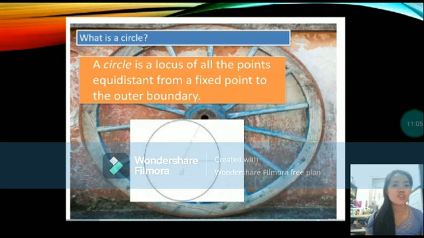From the center to any point on the circle, we call it the radius. And the line segment that passes through the center, connecting any 2 points of the circle, is called the diameter. The diameter is double the radius, or the radius is half the diameter.